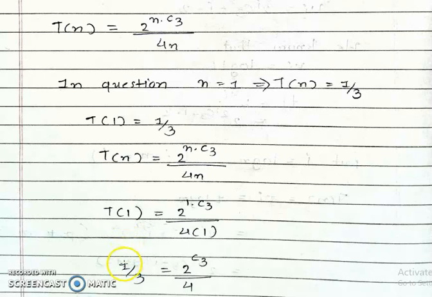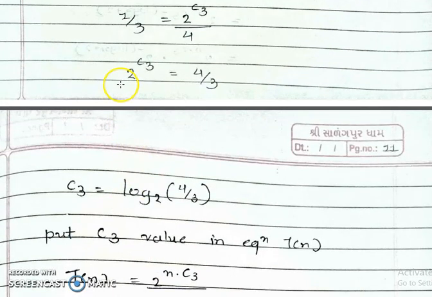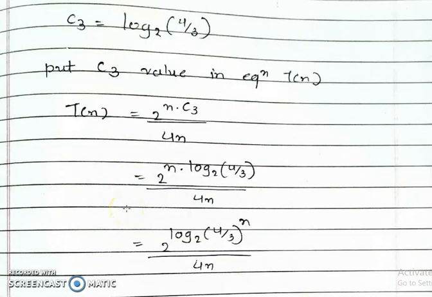So here we write 1 by 3 is equal to 2 raised to C3 divided by 4. Here we put n is equal to 1, so 1 into C3 is equal to 1. So we get 2 raised to C3 is equal to 4 by 3. So we get the value of C3 is equal to log 4 by 3 base 2.